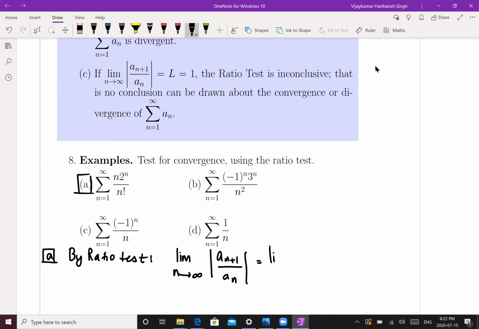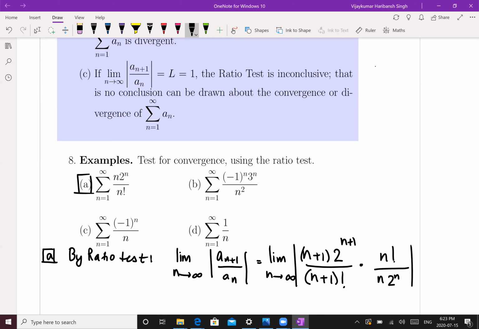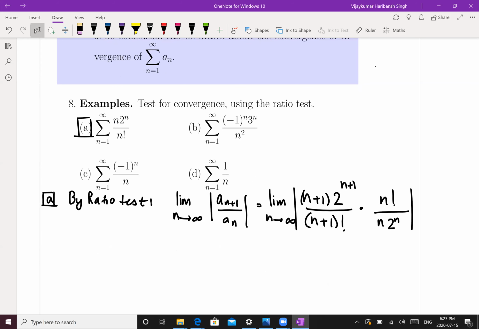This is going to be the limit as n goes to infinity. What is the n plus 1 term? Wherever there's n, you put n plus 1. Dividing by an is the same as multiplying by the reciprocal. We don't need the absolute value sign because all the terms are positive.